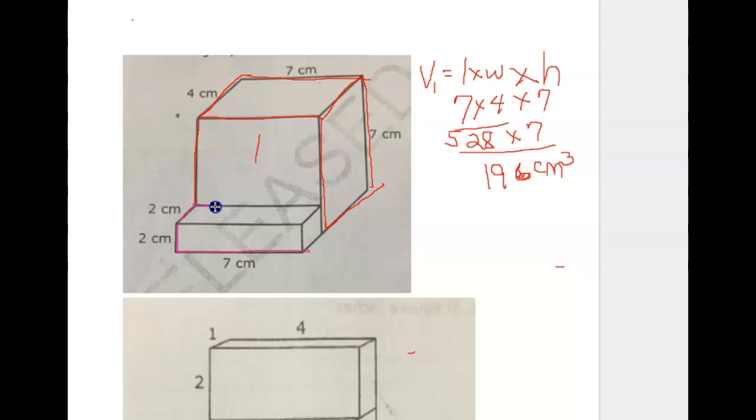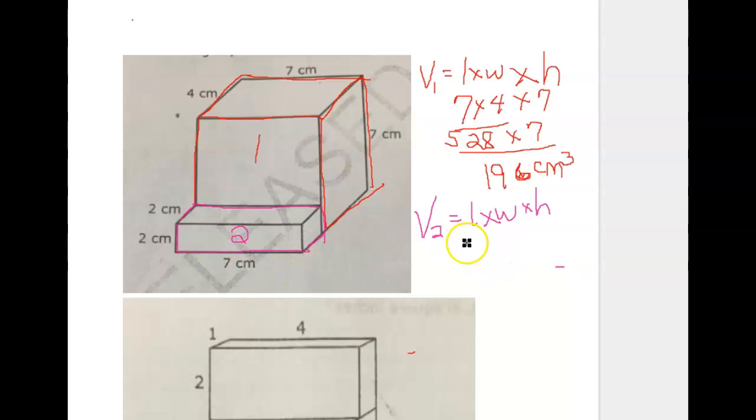The whole of this is box 2. There is no problem with the dimensions because all the dimensions are given. So we also use the formula. Volume is equal to length times width times height. I label that V2 because that's the volume of the second box.